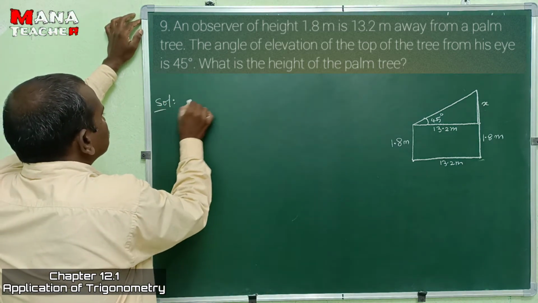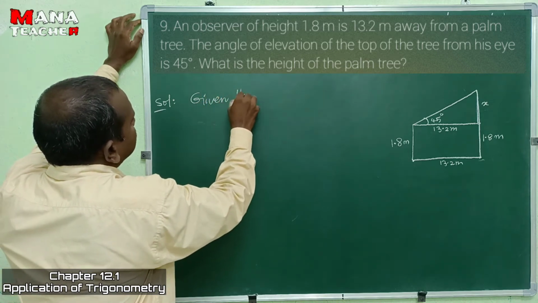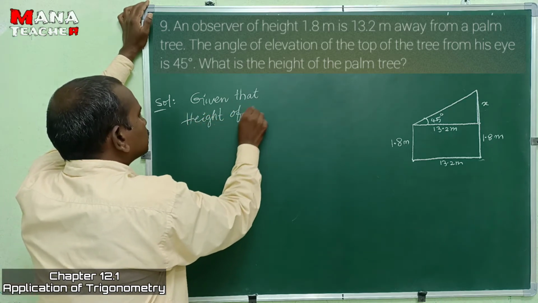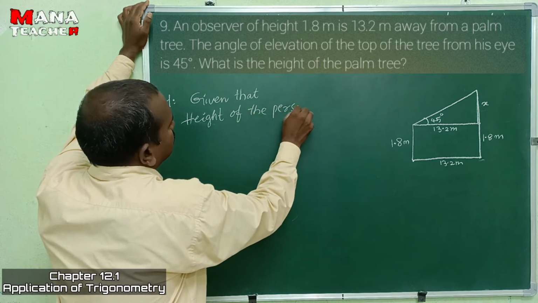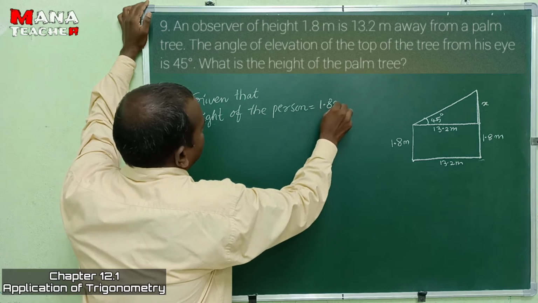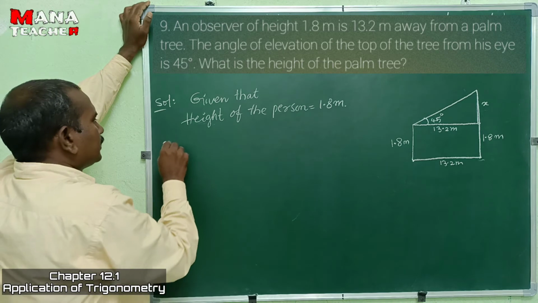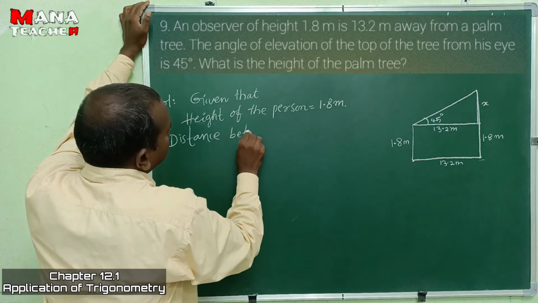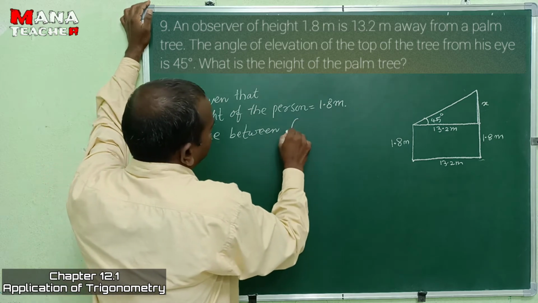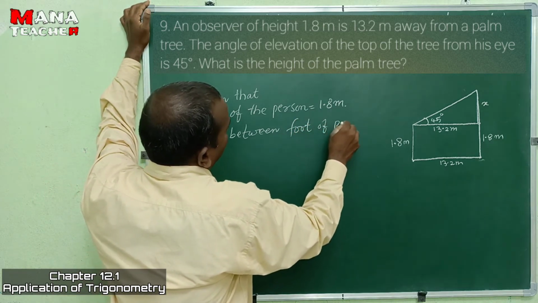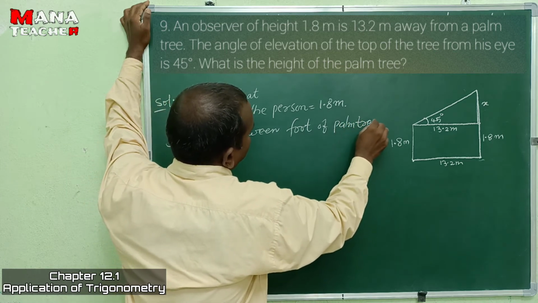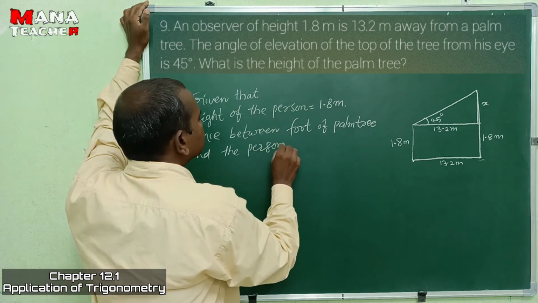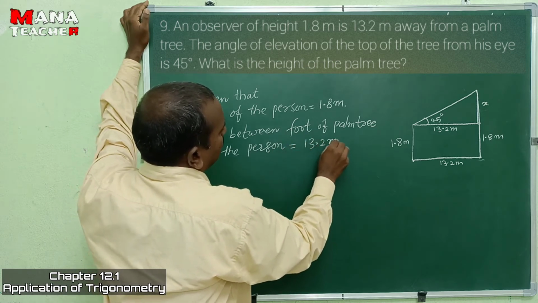Solution. Given that the height of the person equals 1.8 meters. Now the distance between the foot of the palm tree and the person equals 13.2 meters.